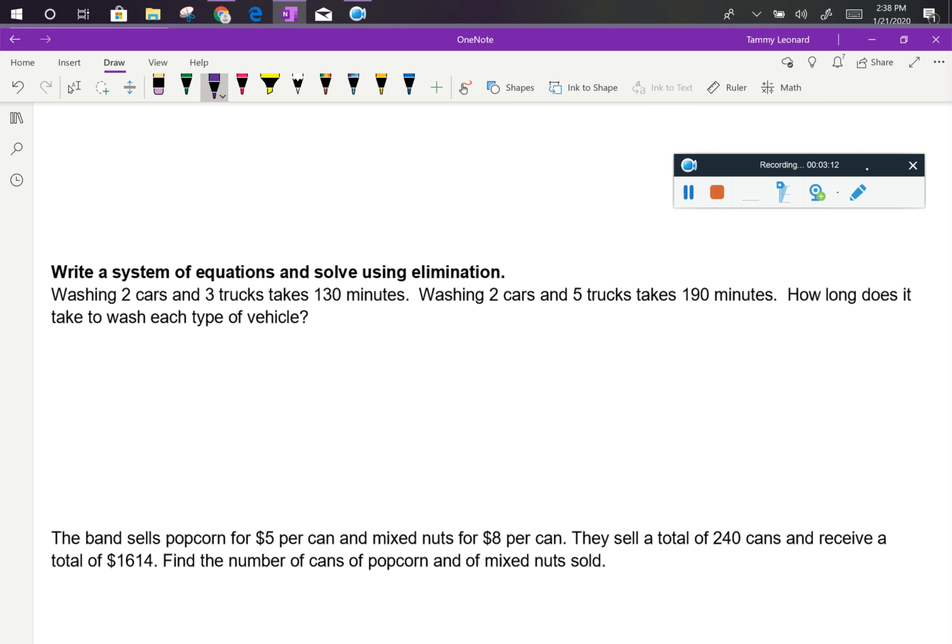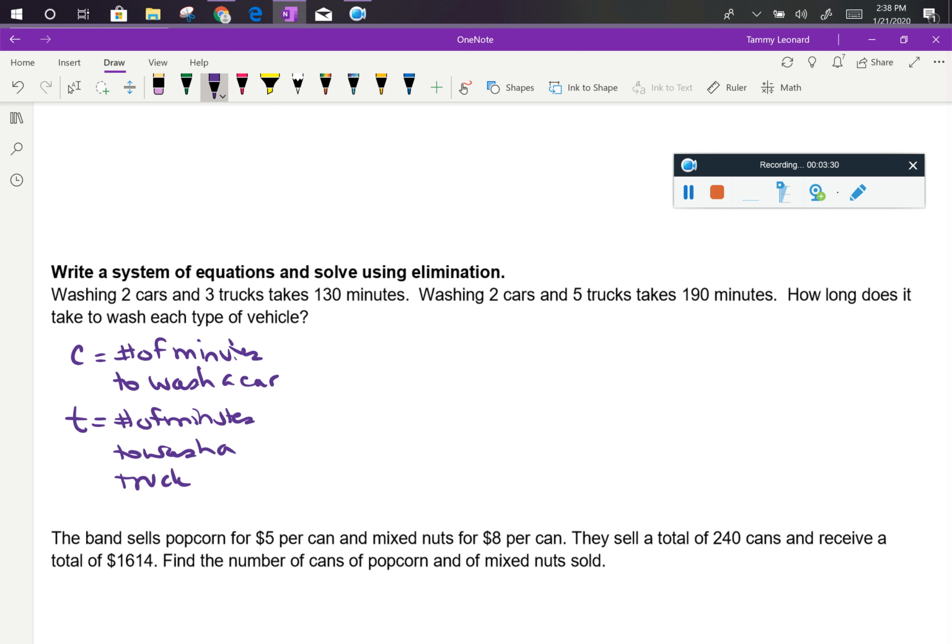So it sounds like we want C for the number of minutes to wash a car, and maybe T for the number of minutes to wash a truck. Because the question is, how long does it take to wash each type of vehicle?